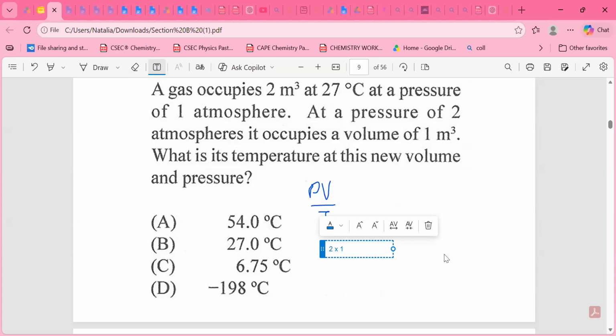Temperature will be the same; I would need to convert it to Kelvin. So the temperature is going to be the same, because 1 multiplied by 2 equals 2 multiplied by 1. So the temperature has to be the same for it to be constant. So it's B.